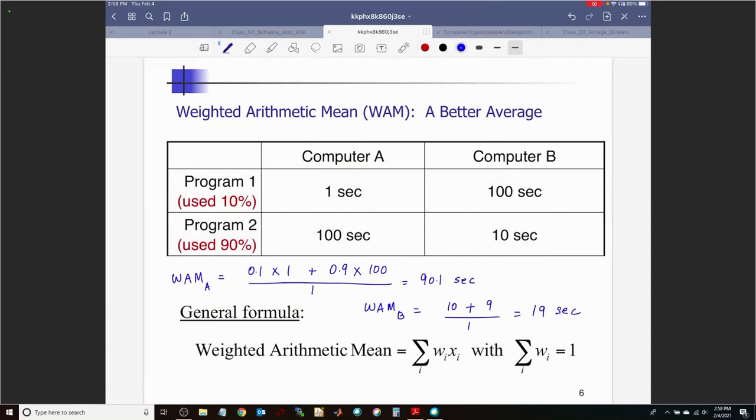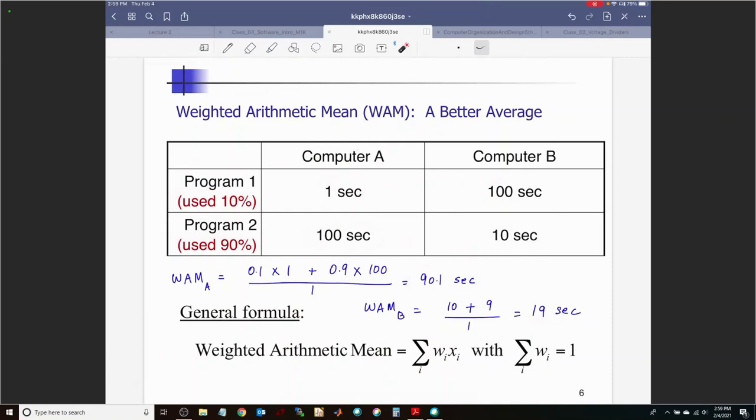So it looks like computer B is doing things way faster than computer A, which is what we expected. We are running program 2 for 90% of the time, where computer B wins. So this is probably a better scheme, at least compared with the arithmetic mean.